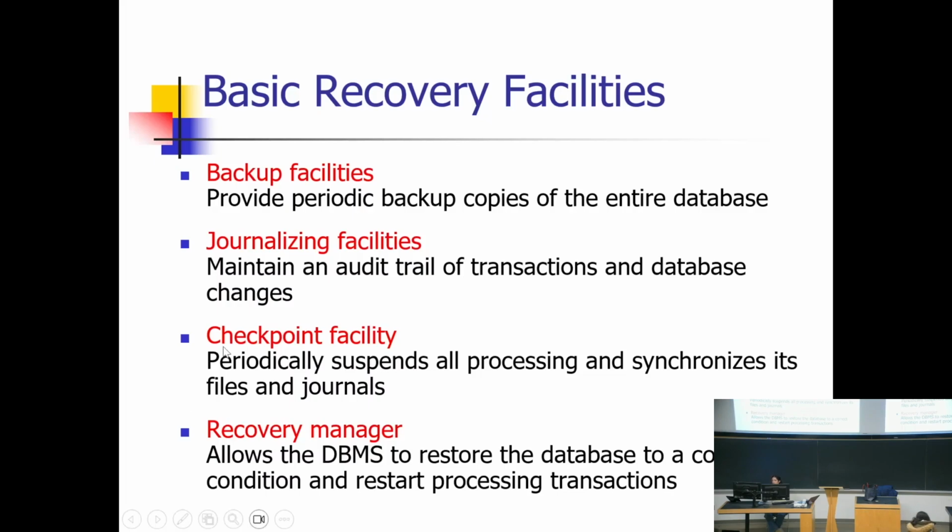We also have checkpoints, which periodically suspend all processing or work as staging points. And finally, we have the recovery manager, coordinating everything, restoring the data and restarting transactions after a crash.